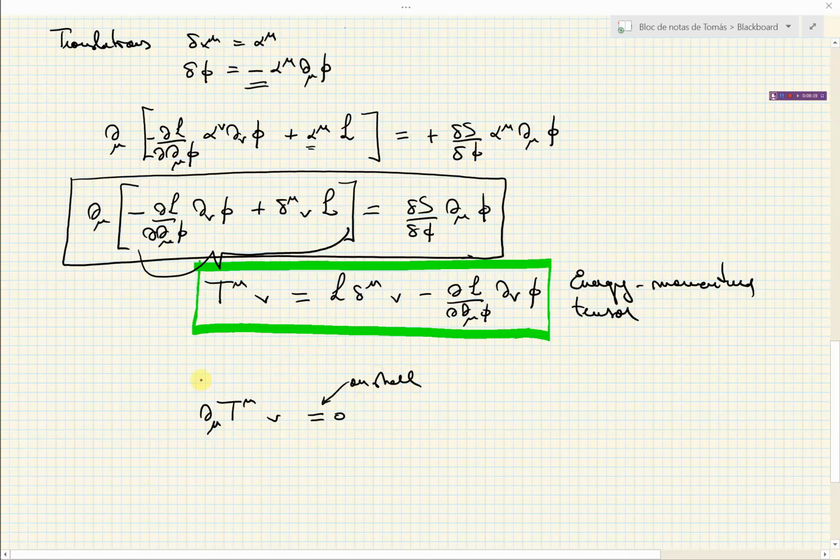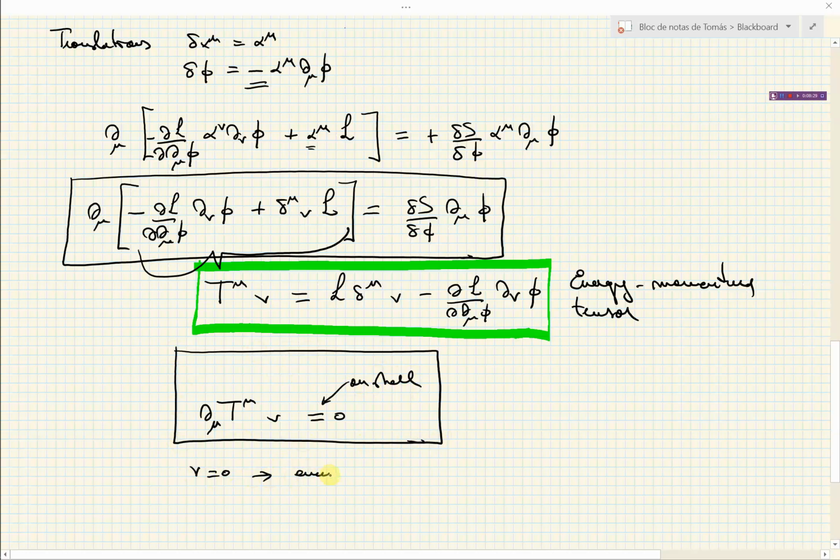So this is the conservation law of the energy momentum tensor, and for ν equals 0, this has to be conservation of energy. For ν equal i, it is momentum conservation.